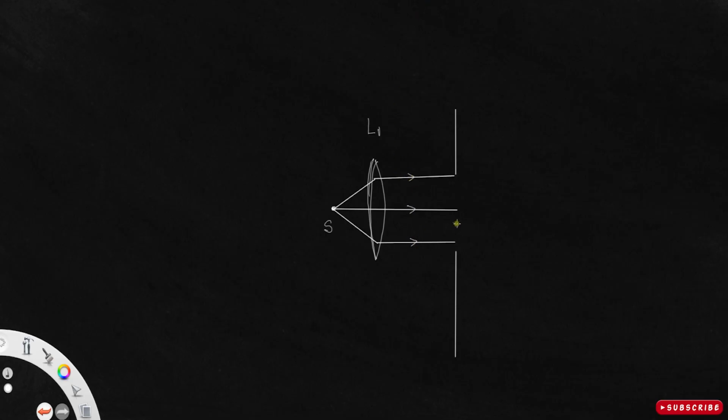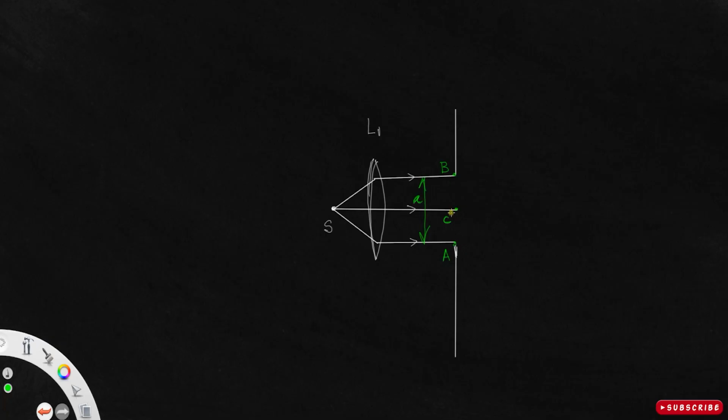Let me mark these 3 points. Let this point be A, this point be C, and this point be B. So we know the width of the slit. This is the width of the slit AB, and let its width be a.